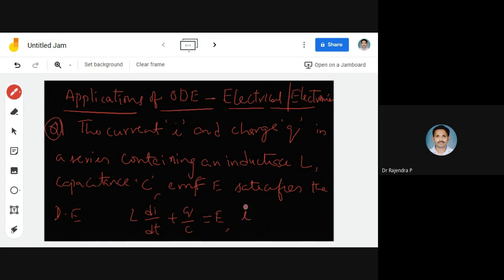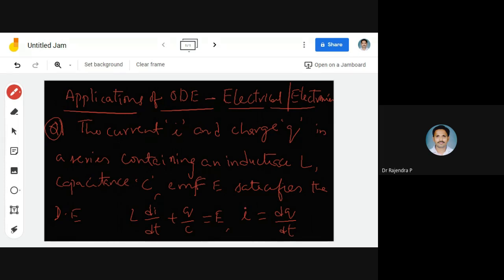Here, I is nothing but, as per definition, the change in Q with respect to time, dQ by dt. I hope everybody knows this definition: current is the change in charge with respect to time. So we have to find the current flow here.